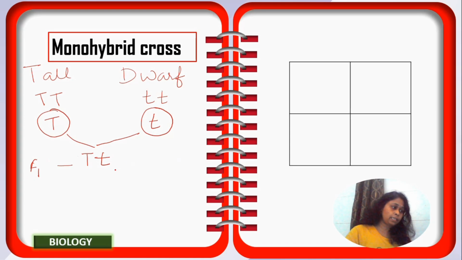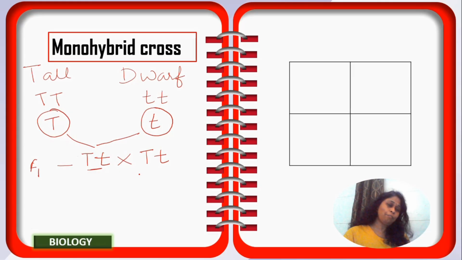Now what do we need to do in the next step? We have to do self pollination, as Mendel suggested. Why did he do this? Because the plant is self pollinating. If we want to find out the F2 generation, then we have to self pollinate it, right? So we need to cross this with this one: capital T, small t, capital T and small t.